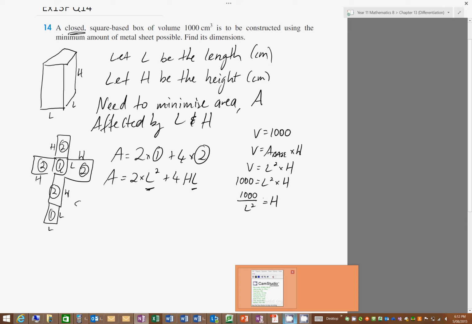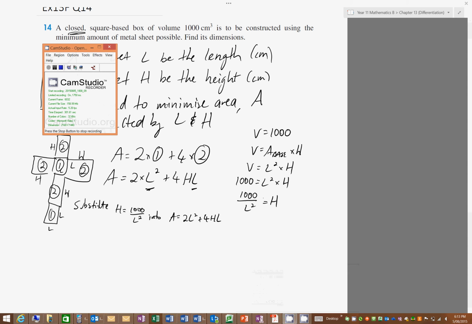Okay, and I'm going to substitute H equals 1000 on L squared into A equals 2L squared plus 4HL.